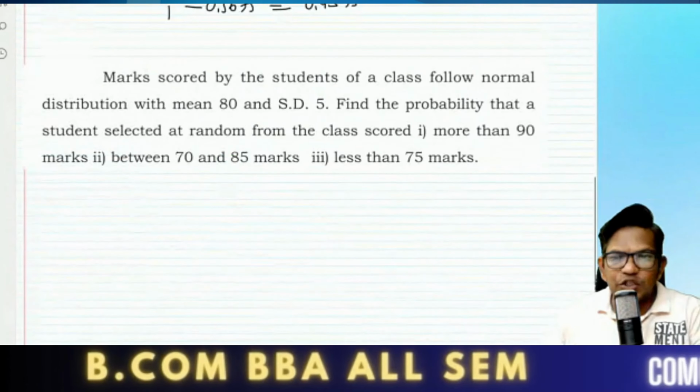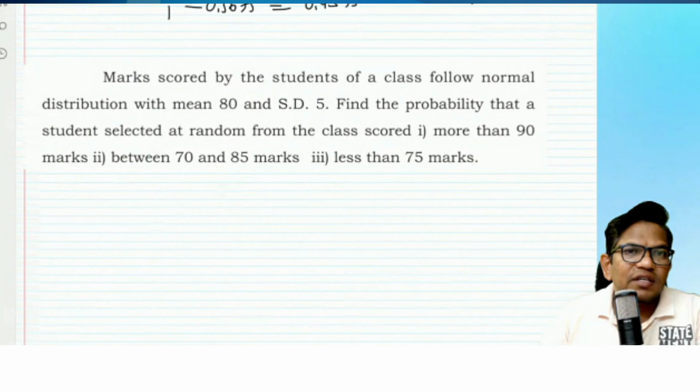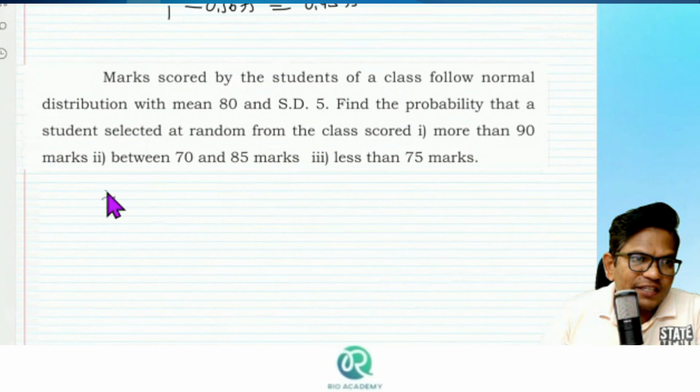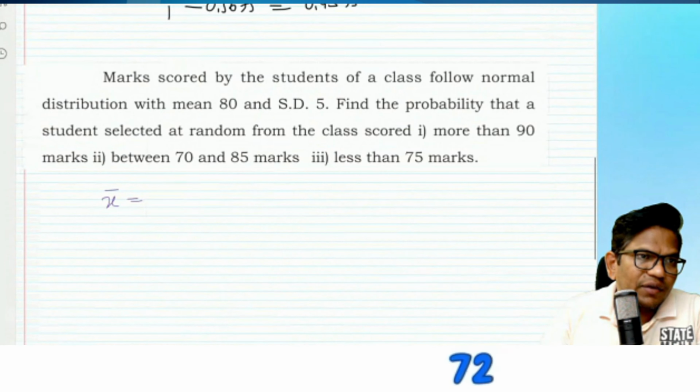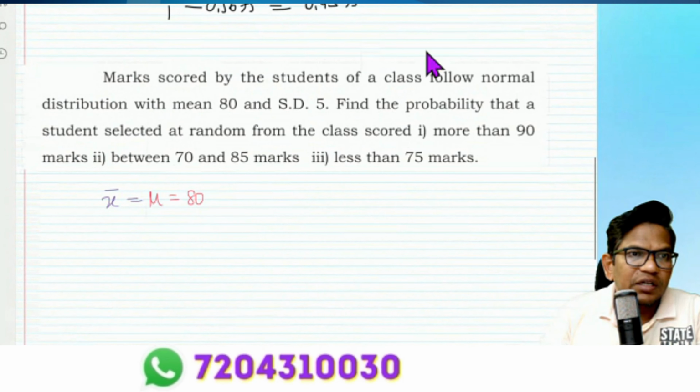Marks scored by the student. Look at that, what they have given. Same thing we have. Can you do it now? Children, x bar is equal to what? Mu is equal to 80. Okay. Standard deviation, they have given 5.